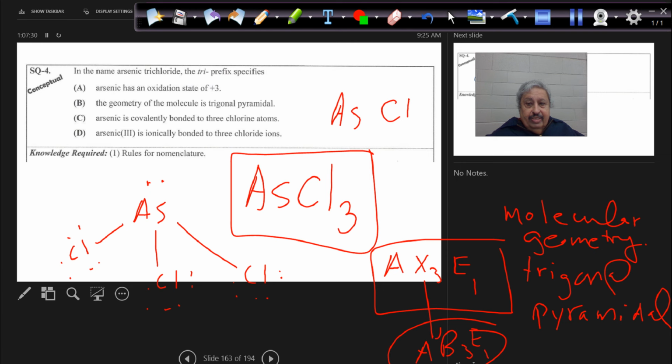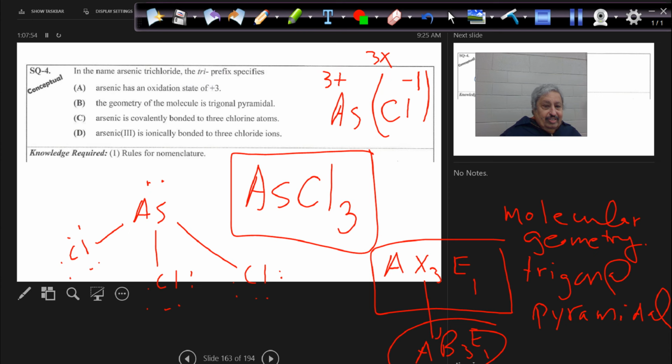I know the chlorine is always -1, and there are 3 of those here. Arsenic will have to be 3 plus, because it's a neutral compound. So, 3 plus. The molecular geometry is trigonal pyramidal.